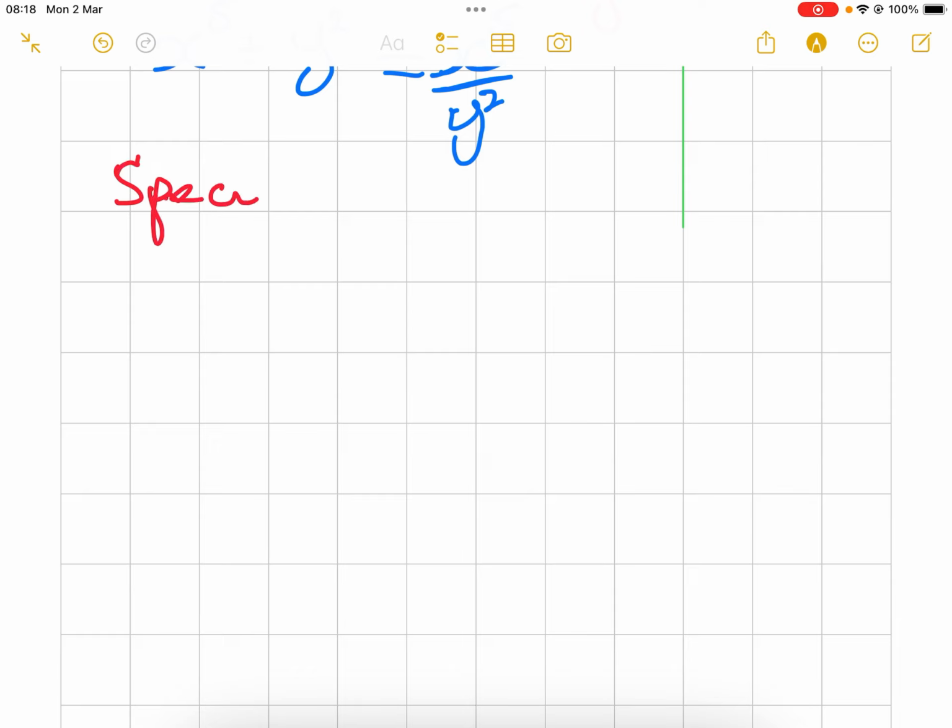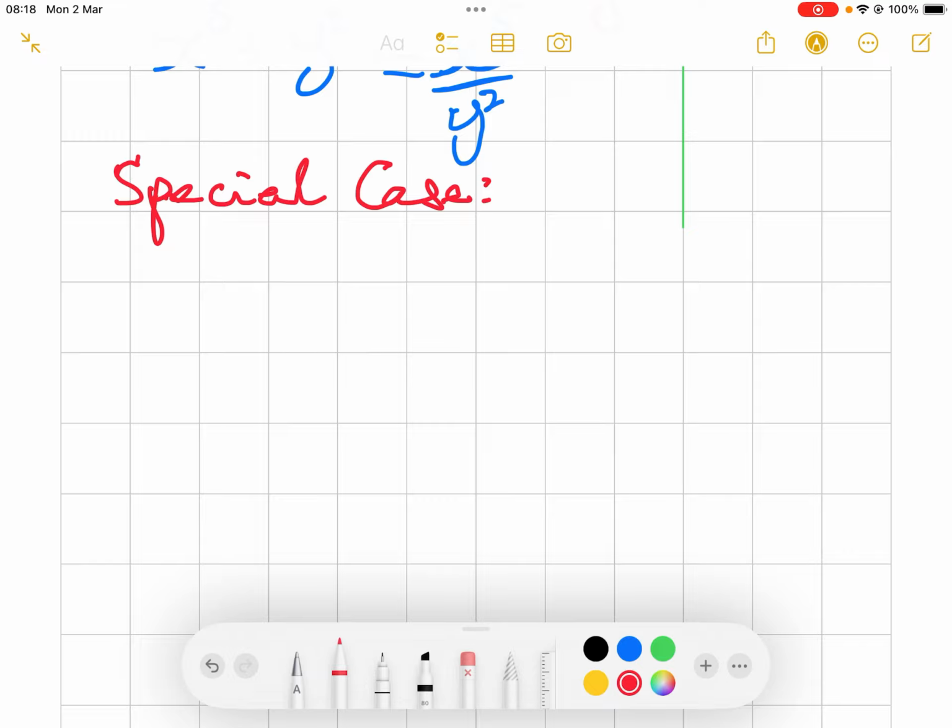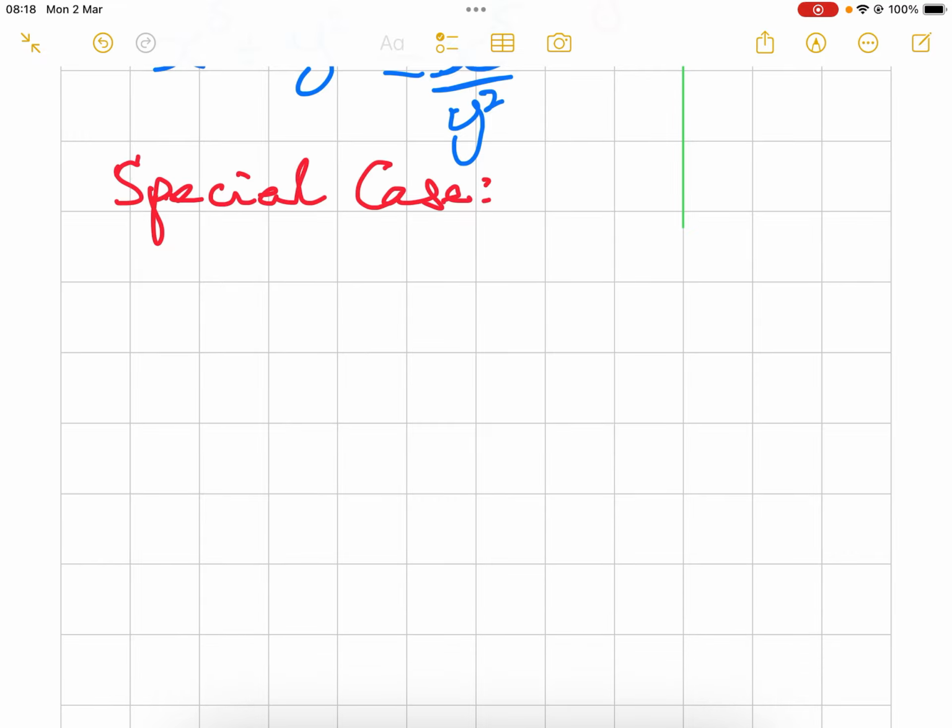Let's look at a special case. In this example, we have x raised to power 3 divided by x raised to power 3. Let's apply the rule.